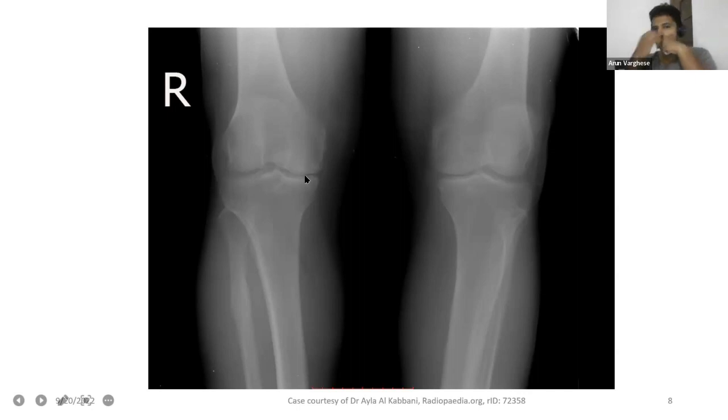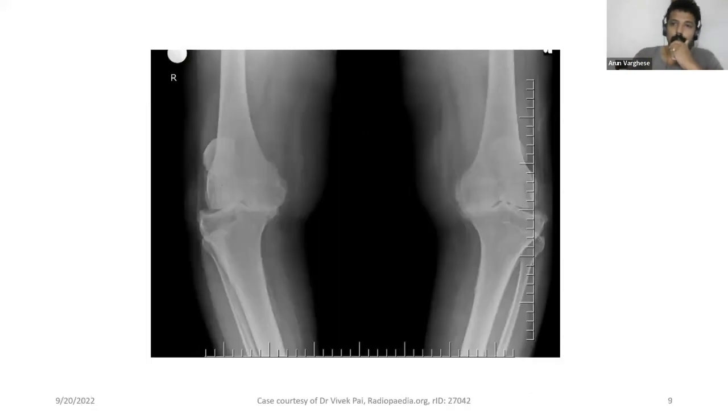It doesn't mean that this side is normal. Of course, some pathology is going on. You can see it in the edges. You can see the excess bone growth on both sides particularly, and it's evident that pathology is there on both sides.